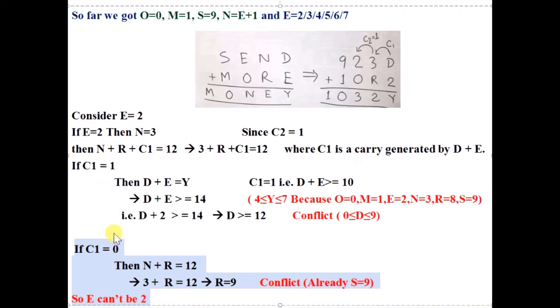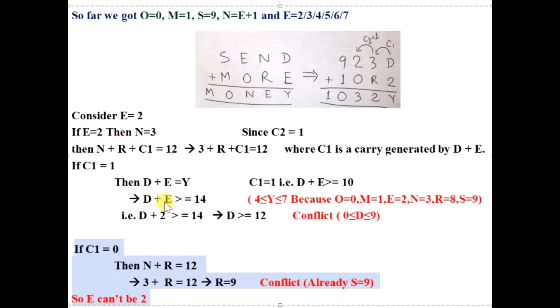Now if C1 equals 0, then 3 plus R equals 12, which implies R equals 9, but already we have assigned 9 to S, so it is a conflict. But if C1 equals 1, then D plus E equals Y. What will be the value of Y? Already we have assigned 0 to O, 1 to M, 2 to E, 3 to N, 9 to S. So the value of Y will start from 4.